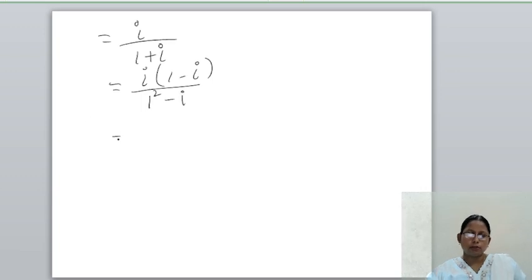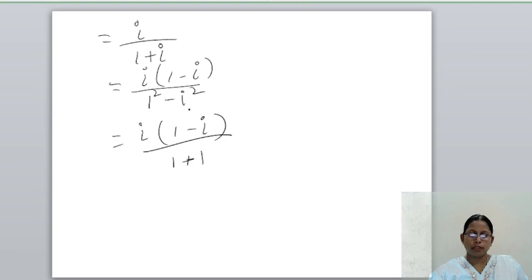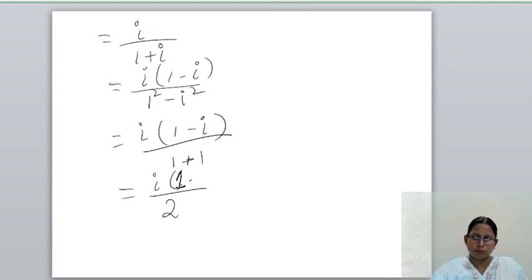So the denominator is (1 plus i)(1 minus i), that is 1 plus 1, as i square is minus 1, so 1 minus (minus 1) will be 2. So this is i(1 minus i) over 2.